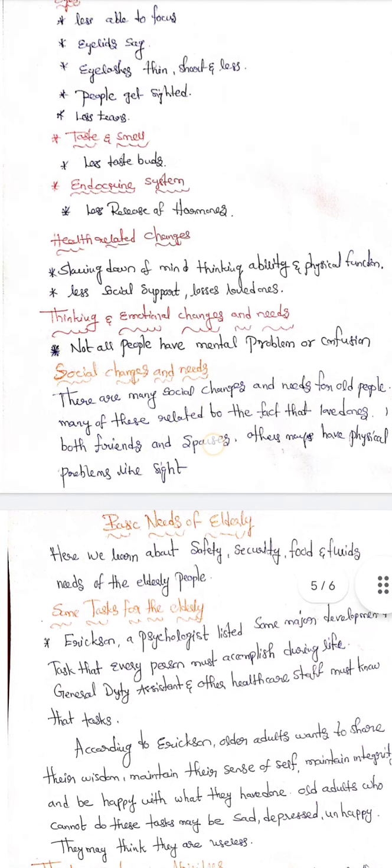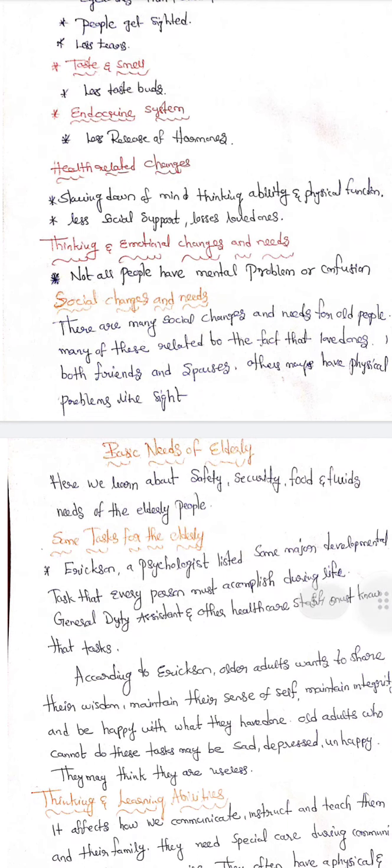Okay, next we will see the health related changes. What all are the health related changes? We can see slowing down of mind, thinking ability and physical function. They cannot remember anything. If we tell them something, they will ask everything again and again, because of the slowing down of their mentality.